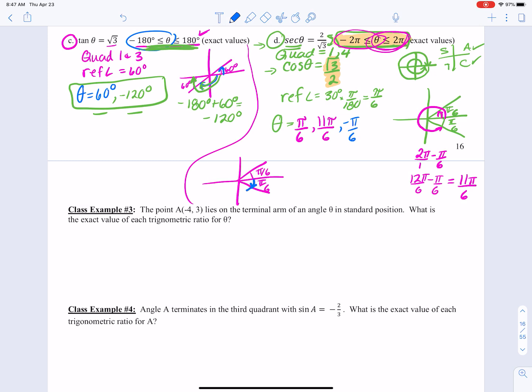And if we go all the way to here, that would be negative 2 pi. So I'm going to go negative 2 pi, and then I'm going to add the rotation angle so we can just back it up a little bit from there. Find a common denominator, so that would be negative 12 pi over 6 plus pi over 6, and that would give us negative 11 pi over 6.